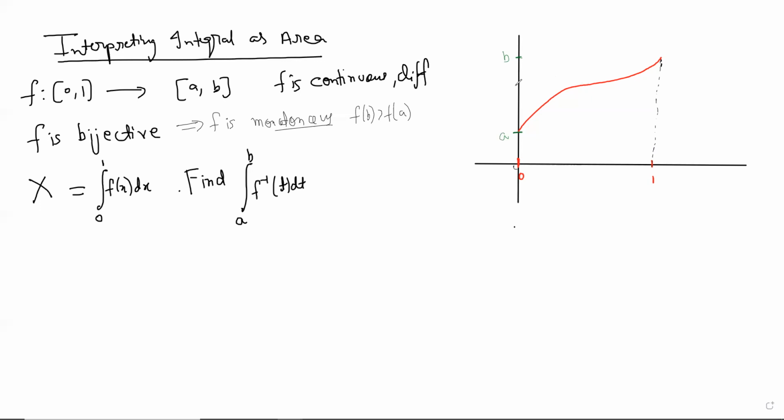So if you consider this interval a to b as the input axis, the input line segment, then for this input, this output is y, comma, f inverse y, right? All this is very simple.